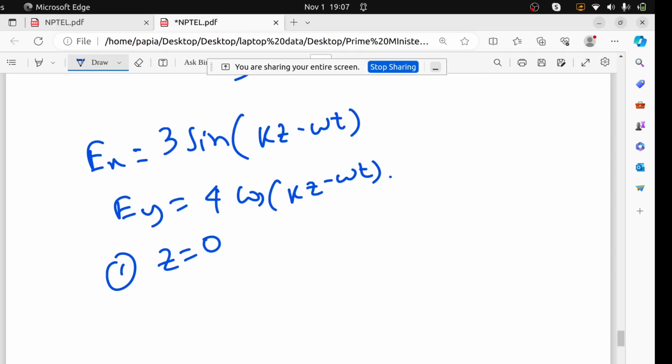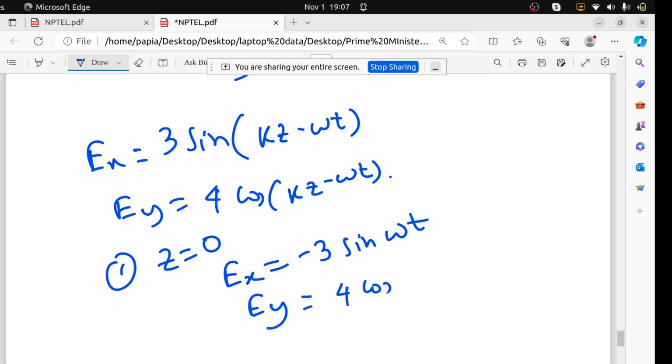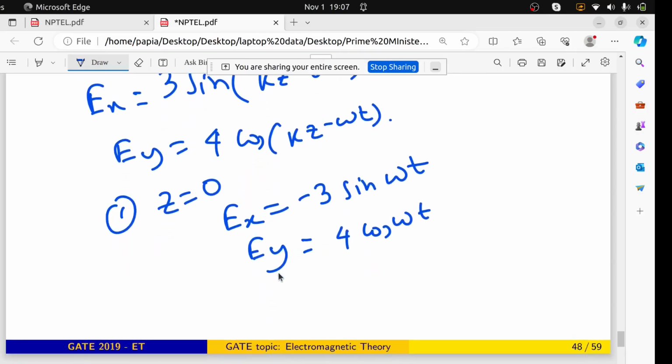Okay. So if I put z equals 0, then what will be the value of Ex? Ex will be minus 3 sin ωt. And Ey is 4 cos ωt, because this minus will be eaten by the cos function, right? So this is the first condition, that we are putting z equals 0 and writing Ex and Ey correspondingly.